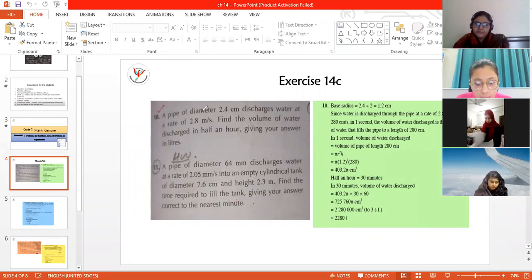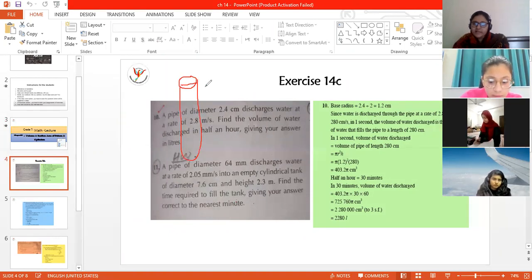A pipe of diameter 2.4 centimeter. For example, if this is the face of the pipe and this is the pipe, this face has a diameter of 2.4 centimeter.